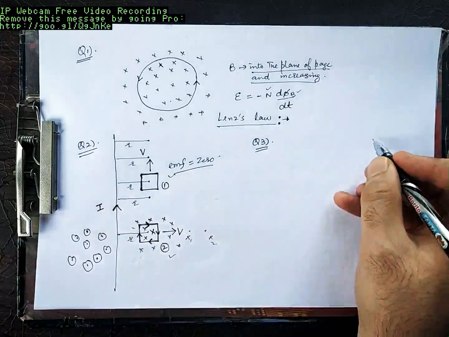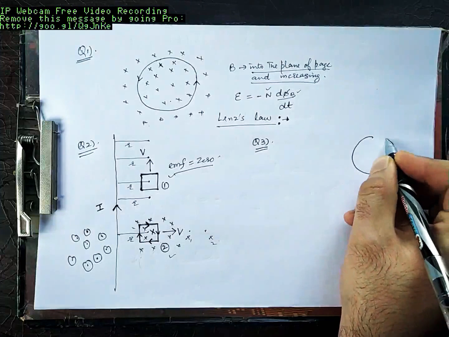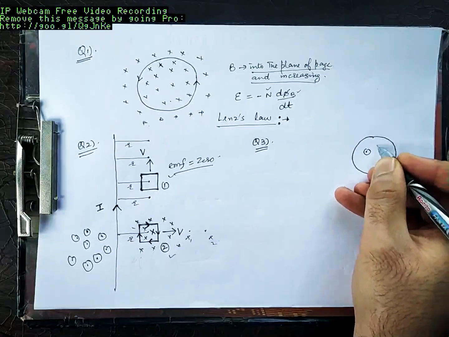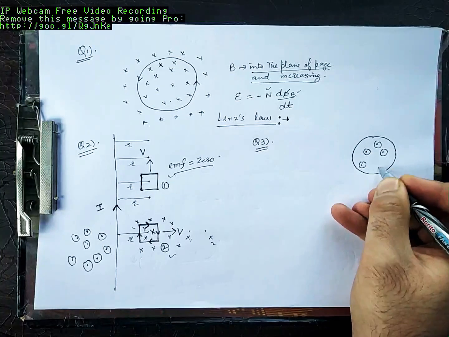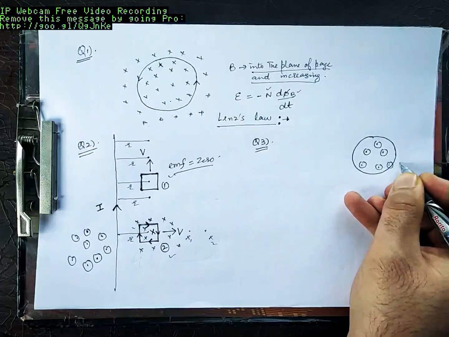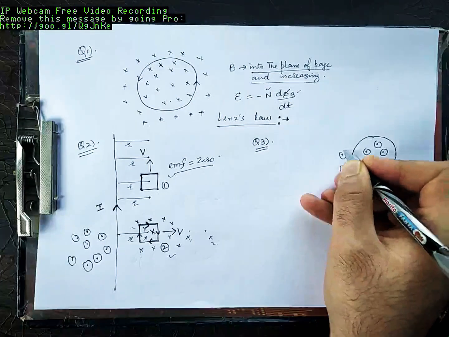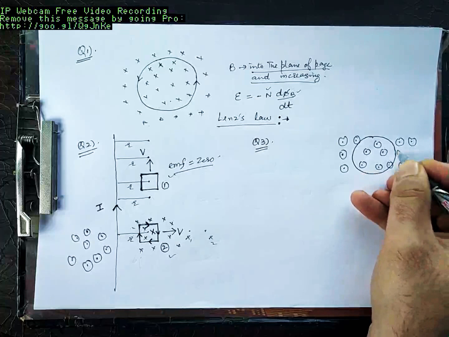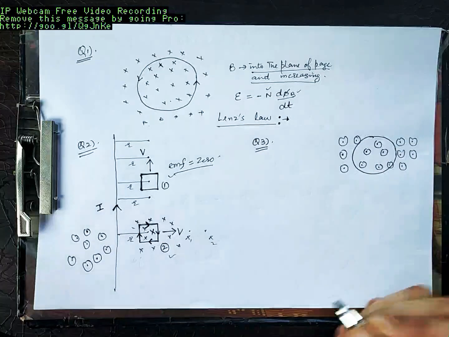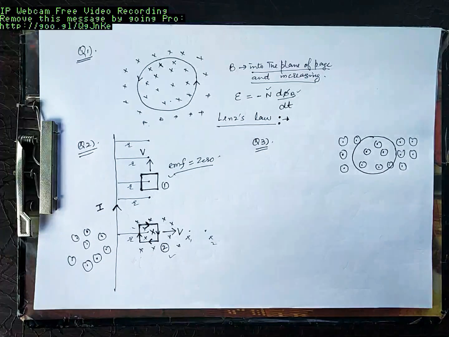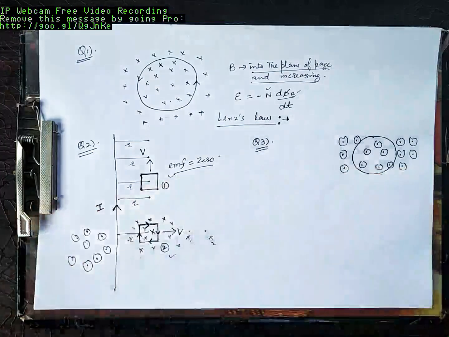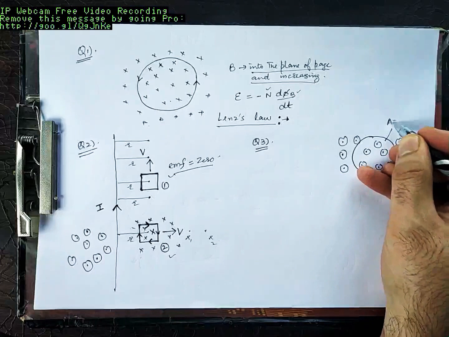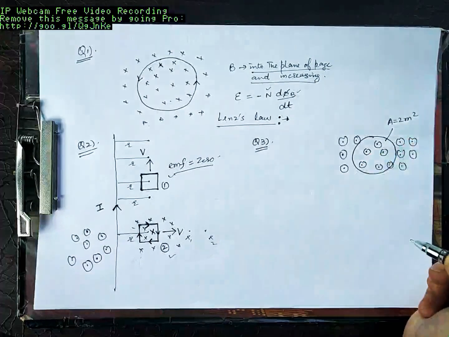You have a loop here in the magnetic field, where the magnetic field is out of the plane of the page. The area of this loop, A, is equal to 2 meter square, it's given.